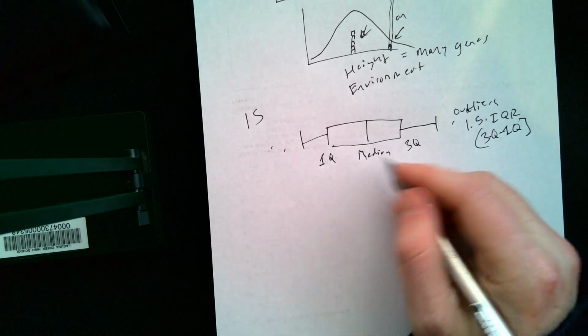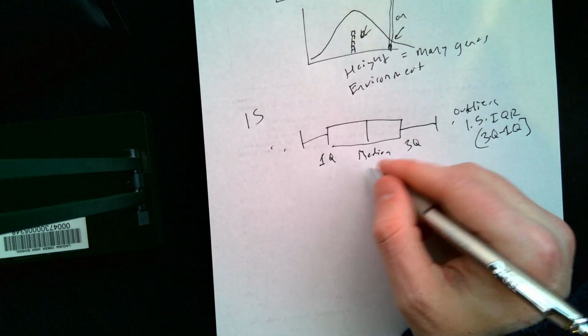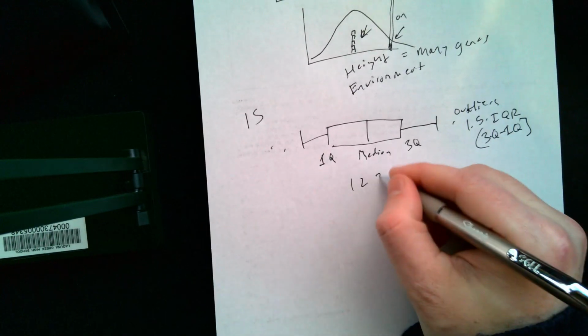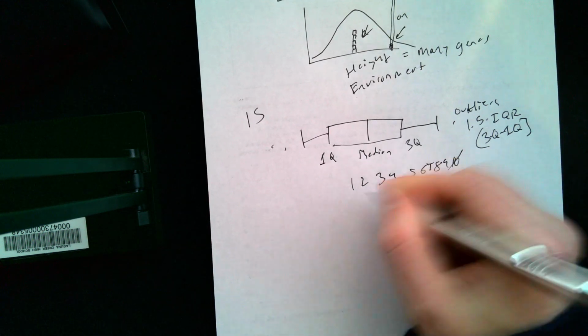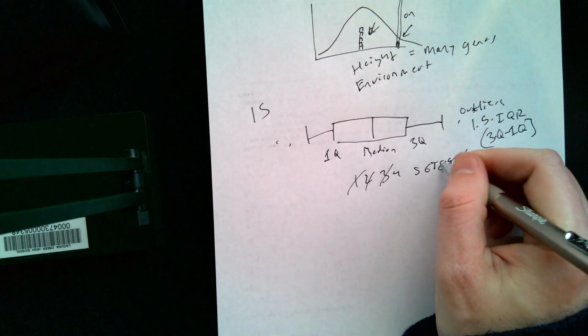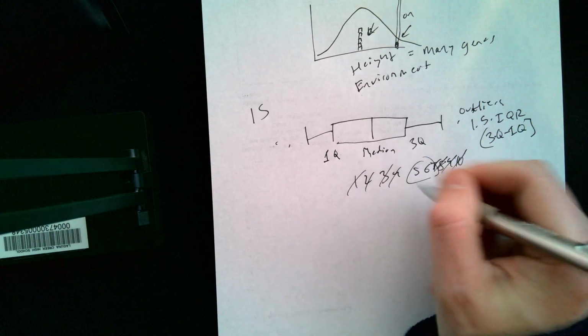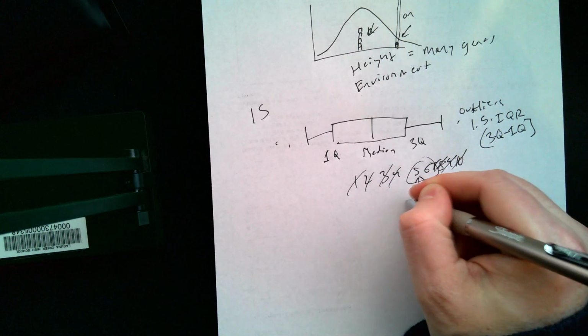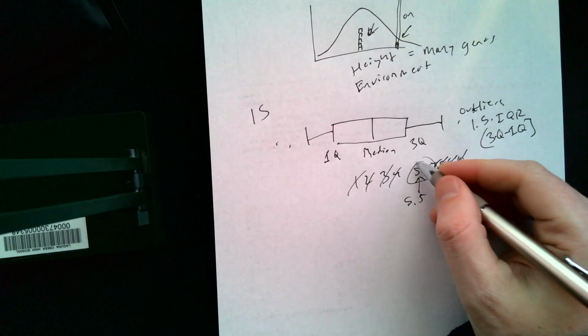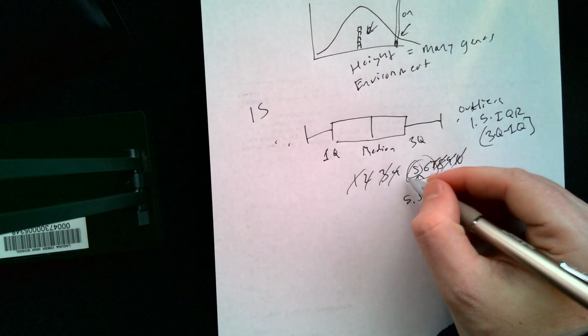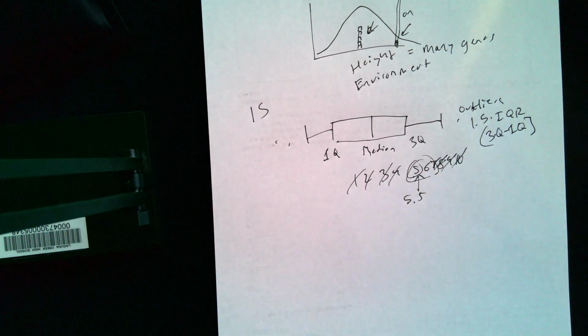Okay, we calculate these quartiles by doing your traditional 1, 2, 3, 4, 5, and so for this, the median would be 5.5, and then you would repeat again. If I had an odd number and this had been the median, you do not use it for the first quartile.